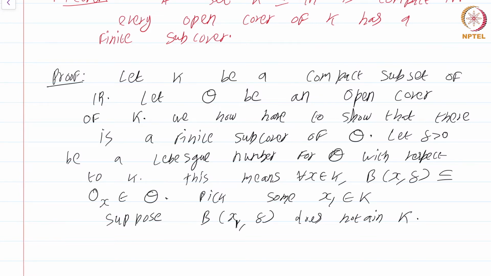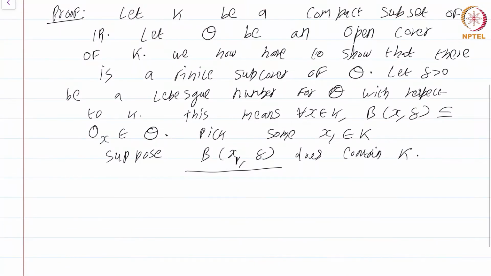Either this single open set, this single ball itself contains K, or it doesn't. We are assuming that this single ball doesn't contain K. Then choose x2 in K set minus B(x1, delta). Choose some point of K which is not there in B(x1, delta).